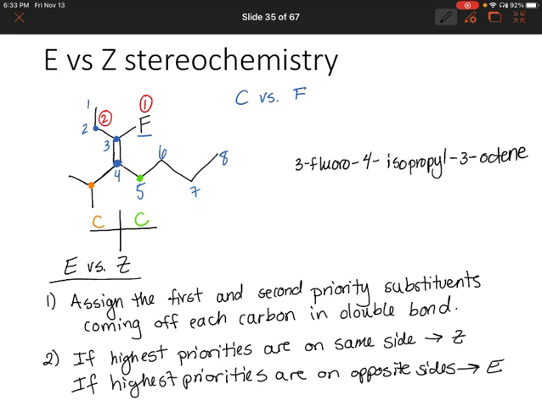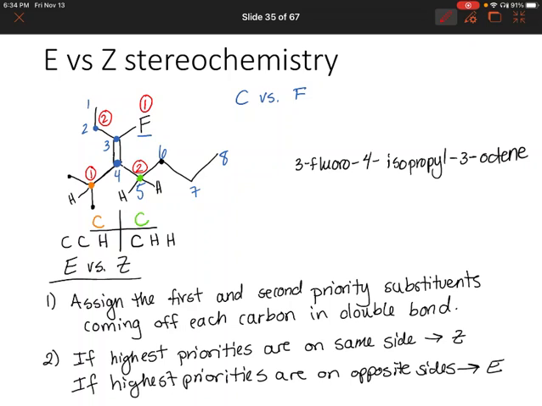What are they bonded to? The orange carbon is bonded to 2 other carbons, and then there's also a hydrogen in there that we just didn't show. So that's carbon, carbon, hydrogen. And then the green carbon is bonded to another carbon, carbon 6, and then there are also 2 hydrogens that we didn't show. All right, so which one wins, the orange carbon or the green carbon? The orange carbon, so that would be priority 1. Green carbon would be priority 2.